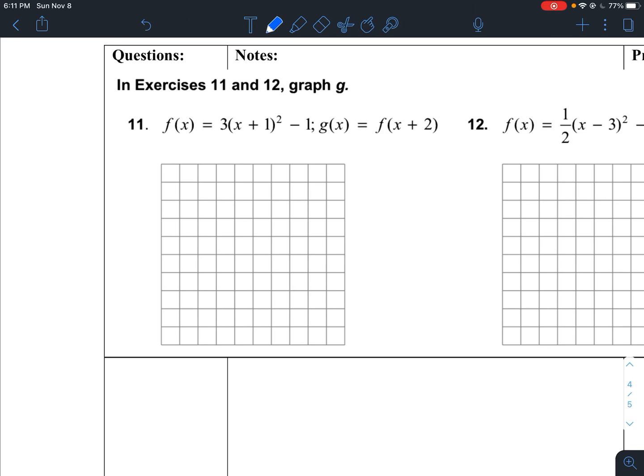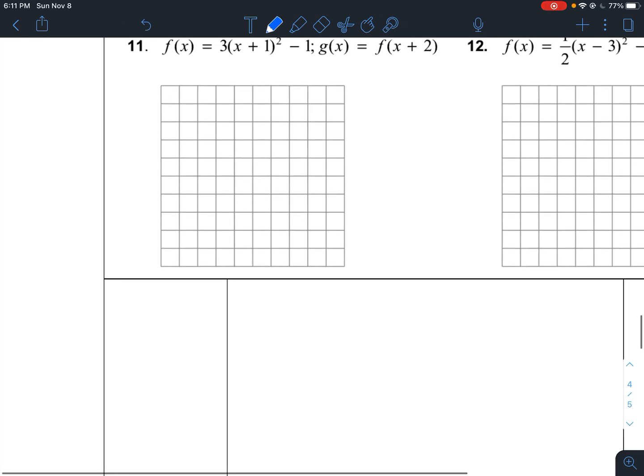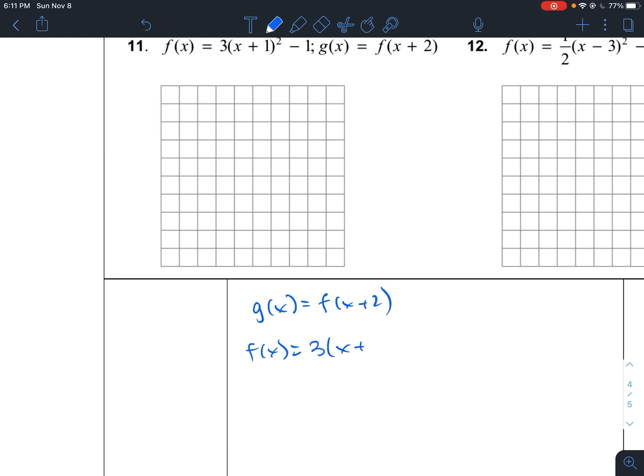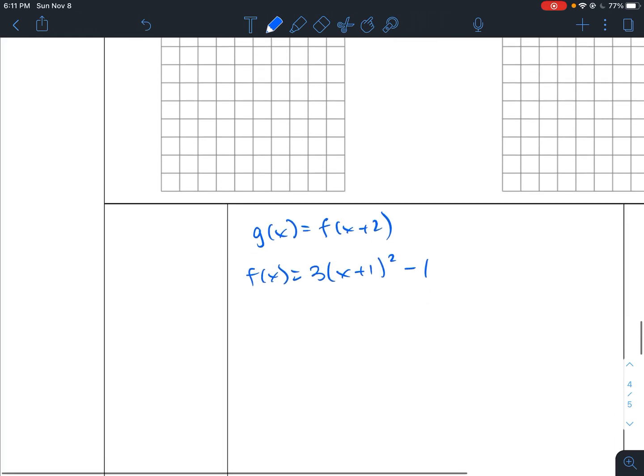Okay? So here's what we can do. If g of x is equal to f of x plus 2, what we can do is try and solve what that means. So g of x is equal to f of x plus 2. And we know f of x is equal to 3 times (x plus 1) squared minus 1. So basically, f of x plus 2 means that instead of x, we're going to write x plus 2 where we see an x right here.